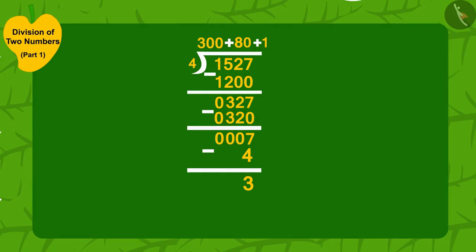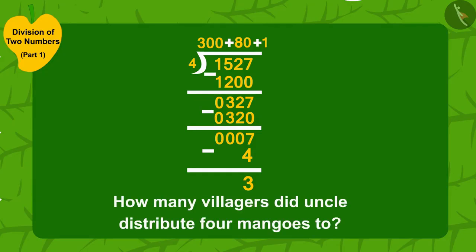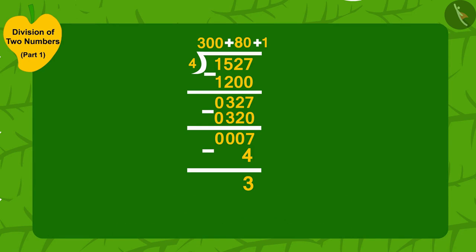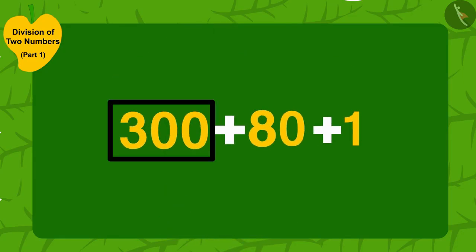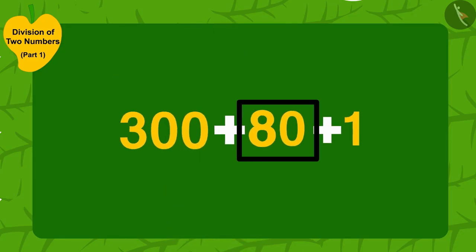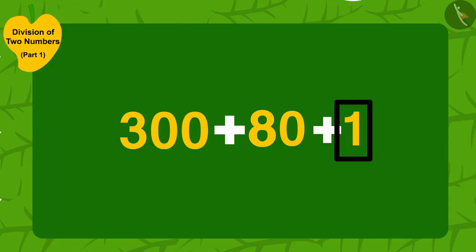Children, can you find out how many villagers did uncle distribute 4 mangoes to? To find out, we just have to add the numbers written here. We add 300 plus 80 plus 1.